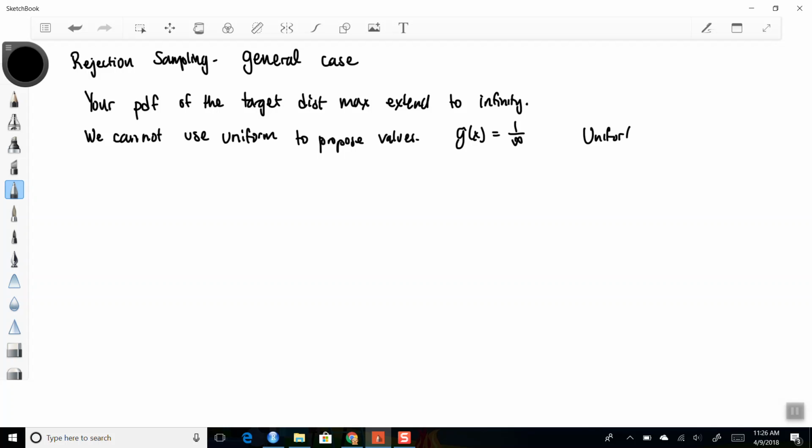Whether it's uniform from negative infinity to infinity or uniform from 0 to infinity or whatever it might be, you're going to have a g of x of 1 over infinity, and you can't use that to propose values. So this is not going to work. The proposal PDF itself also needs to extend to infinity, having the same domain.